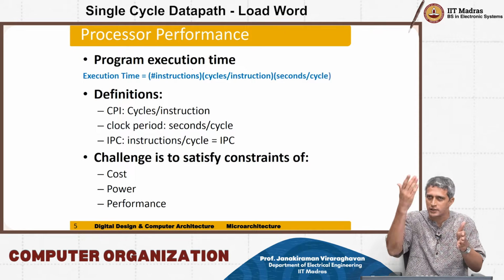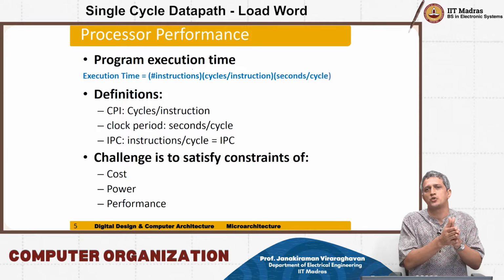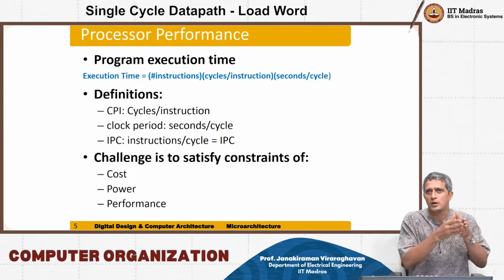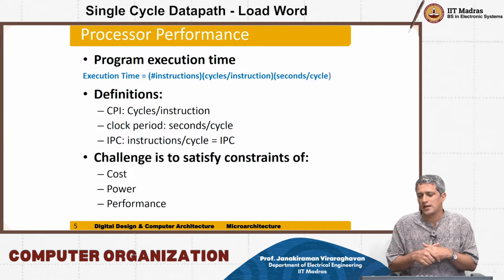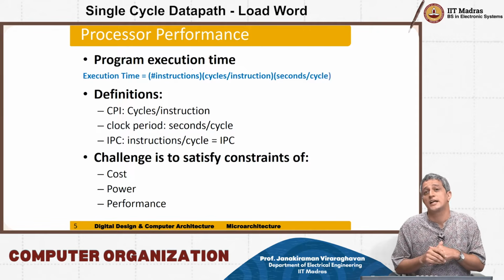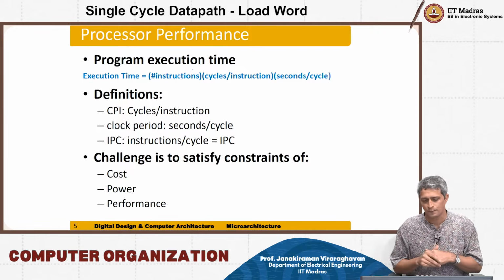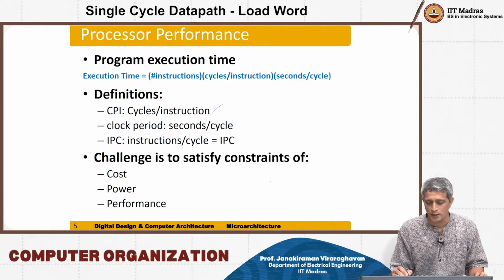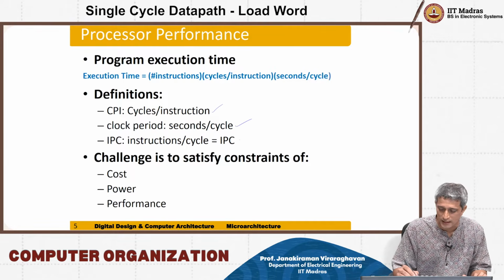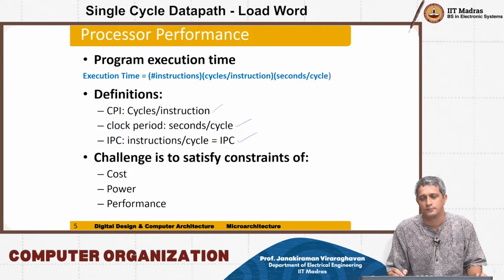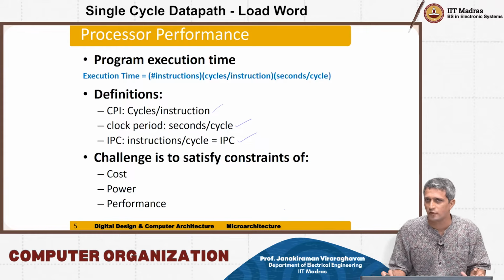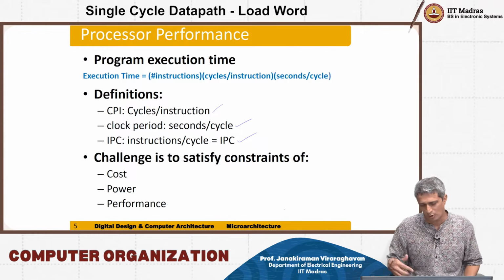You add all these clock cycles together and eventually you basically get what is known as the execution time, right? So it's basically number of instructions times cycles per instruction, CPI, times the clock period. And of course the challenge is to satisfy the constraints of cost, power and performance. Performance is obviously speed that we are talking about.